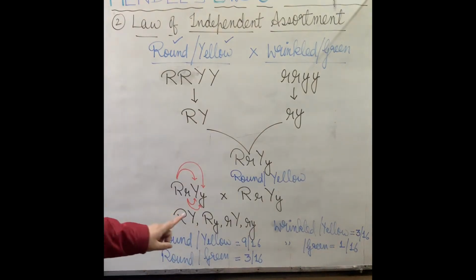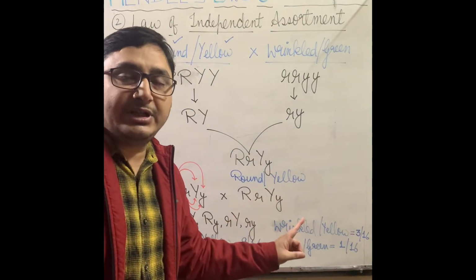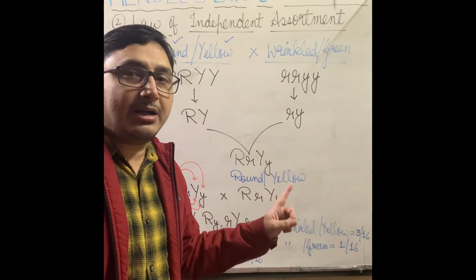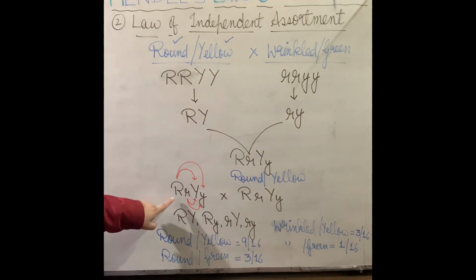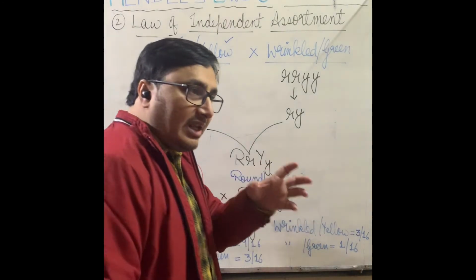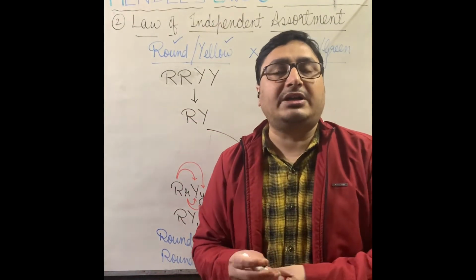So all the possible combinations can be seen in the F2 generation in case of a dihybrid cross. And this is possible just because during gamete formation, all the possible combinations were seen as far as the alleles are concerned. This is what is the law of independent assortment.